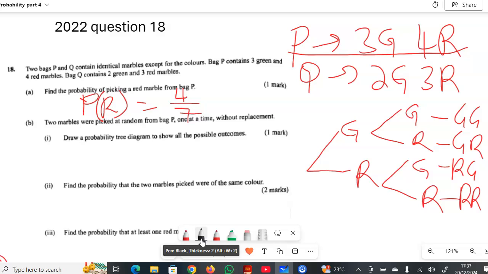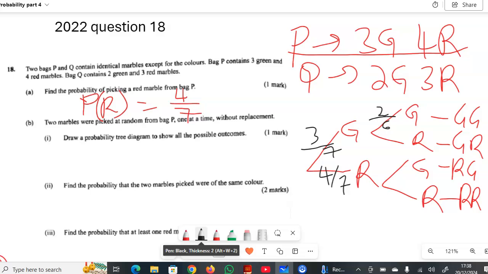We're told that there is no replacement. So when you pick a particular marble, you are not returning it to the bag. So for P, we have 3 green. When you pick the first case, the probability of green would be 3 out of 7, and for red would be 4 out of 7. So if you pick green, you are going to be remaining with 2 because we initially had 3, out of the total now 6, because you already removed 1.